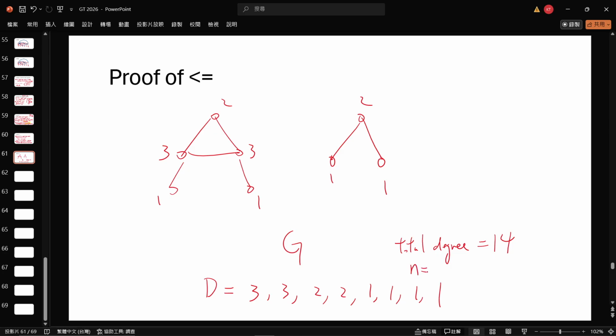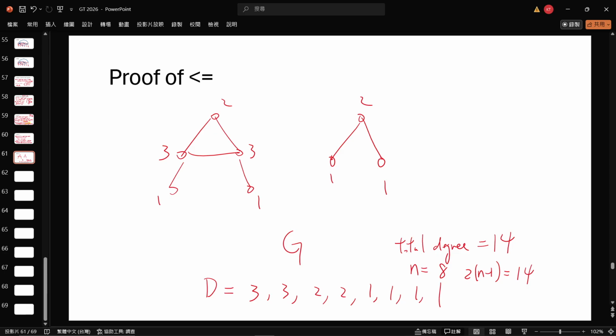N is 8, okay? So 2 times N minus 1 is exactly 14, okay? So the total degree is large enough, and there's no isolated vertex, no 0 degrees.